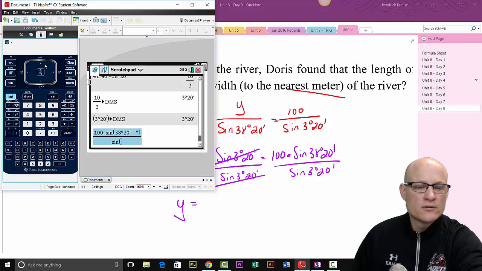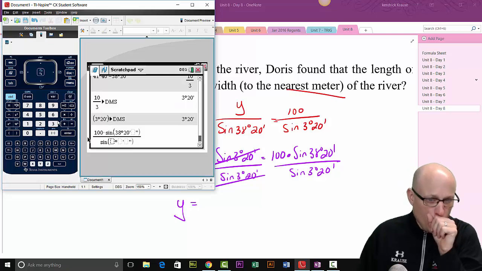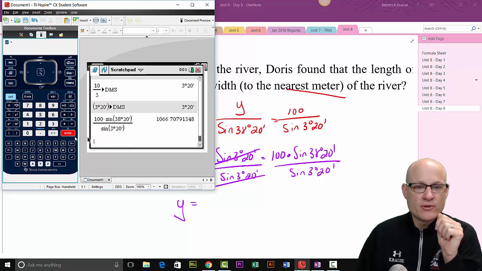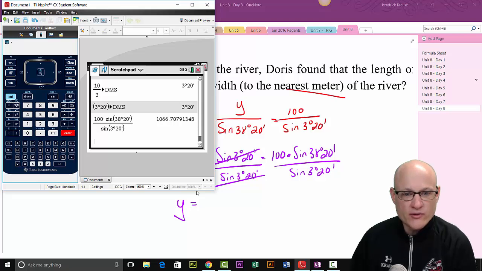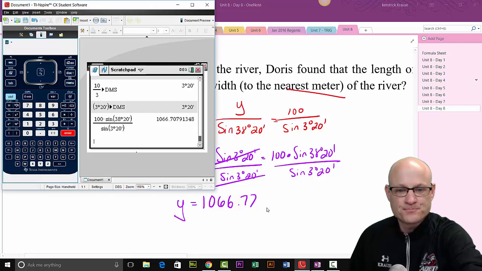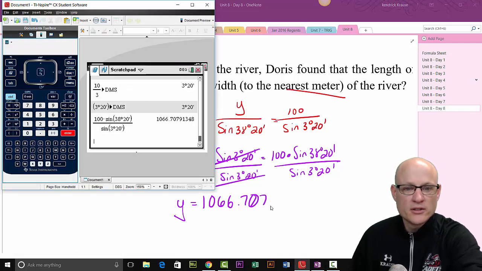Tell me I don't need a new computer. 3. All right, just need to hit the right buttons. 20. Enter. We found y to be 1066.707913. Good enough for now.